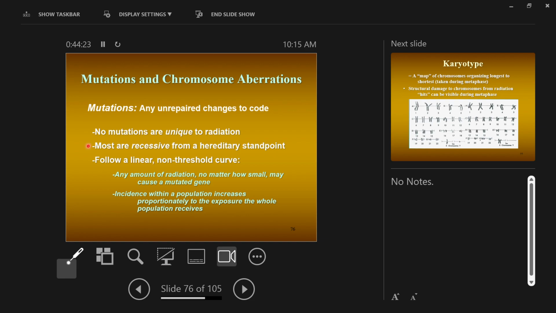Most are recessive mutations, meaning the mutations that happen to our DNA are happening in parts of the DNA that are not getting used. Okay, which means if this organism hands down a mutation to the offspring, if it's a recessive mutation, it's not likely to manifest. It's not likely to show up.